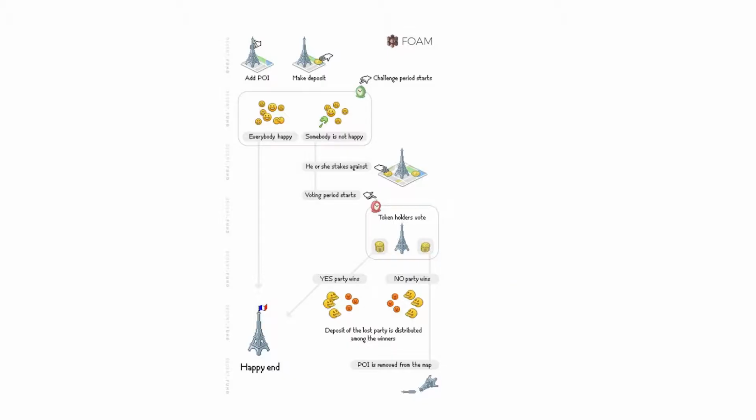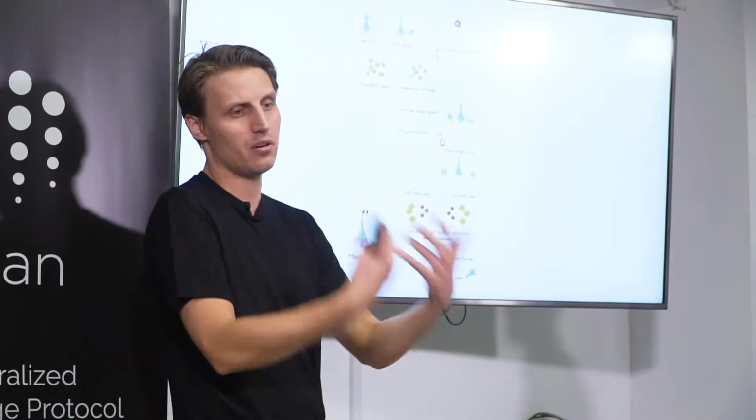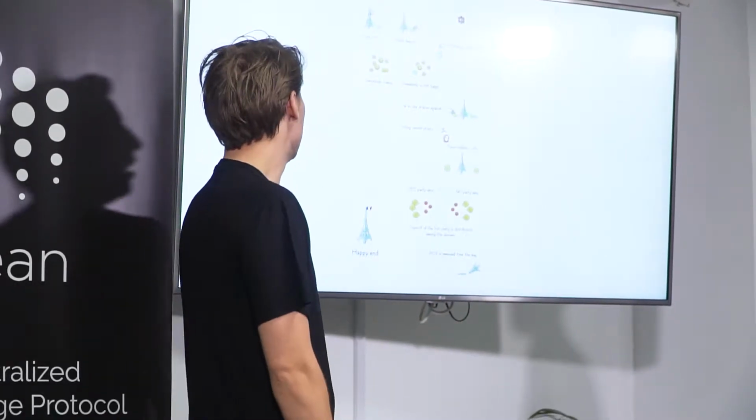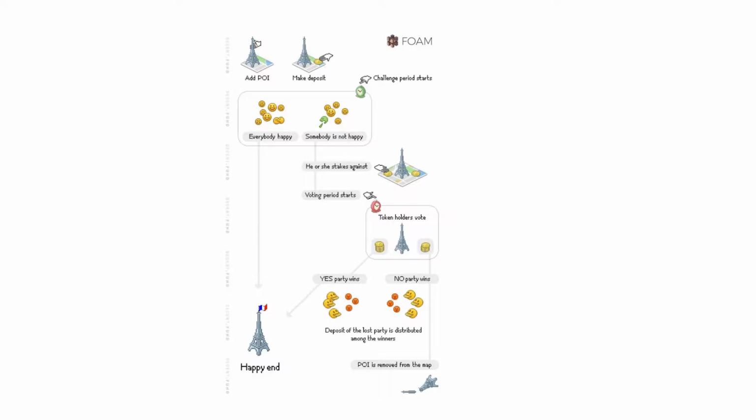What you have on top of that for the verification as well is a similar thing, right? You add a POI, you add a deposit. That is the stake, that is the risk involved in participating, which also guarantees validity. Then you have a voting process, or someone can challenge if they want.